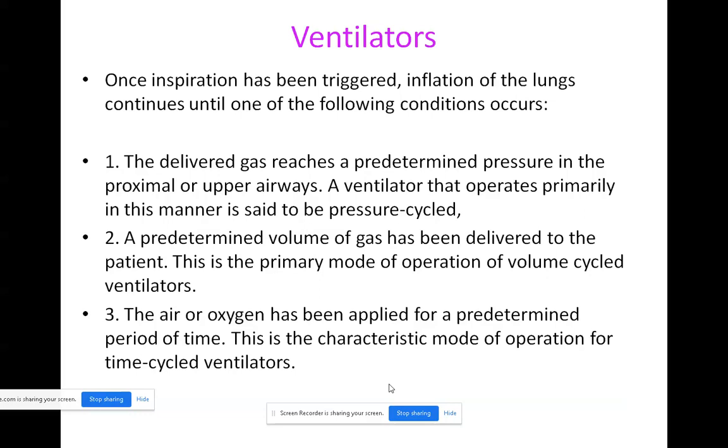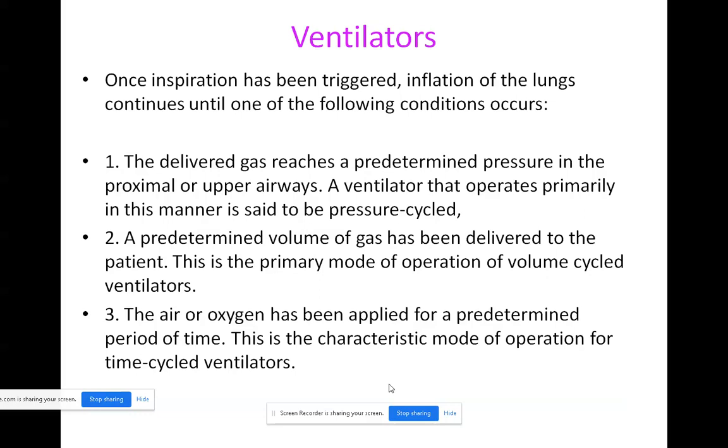A ventilator that operates primarily in this manner is said to be pressure cycled. So the gas delivered from the ventilator reaches a predetermined pressure. We already determine how much pressure has to reach the lungs.